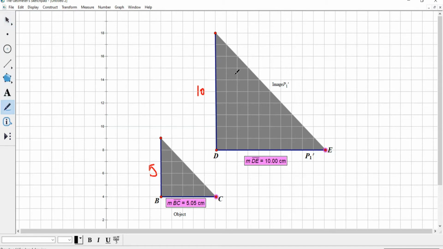That means that if you divide any one of the sides of the image by any one of the sides of the object, you get what is known as the scale factor.